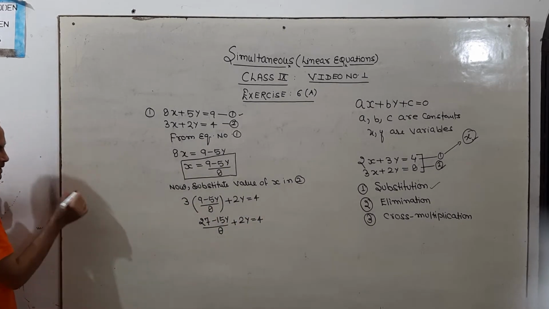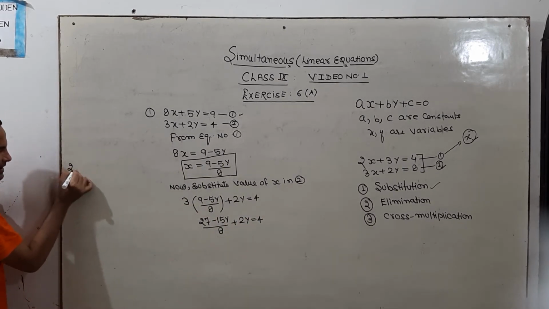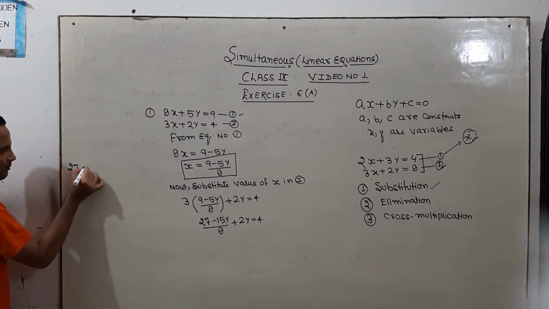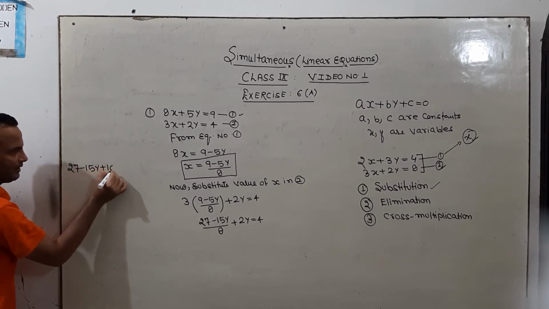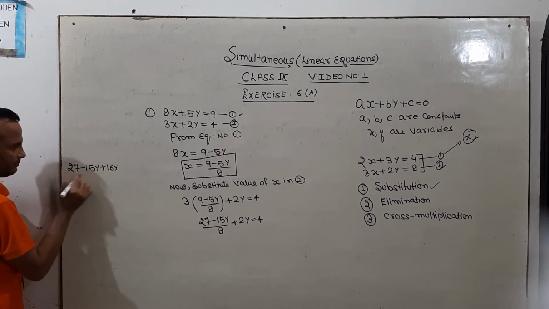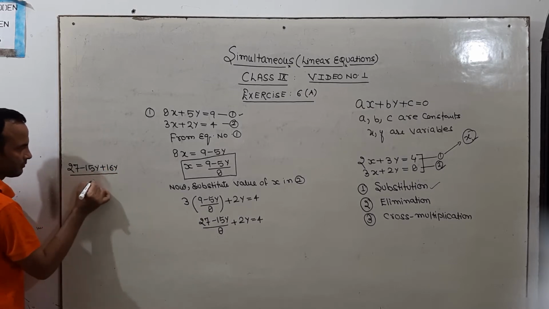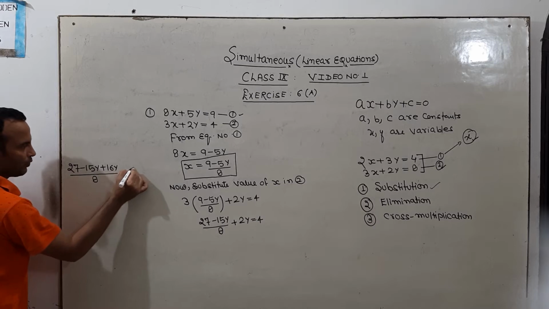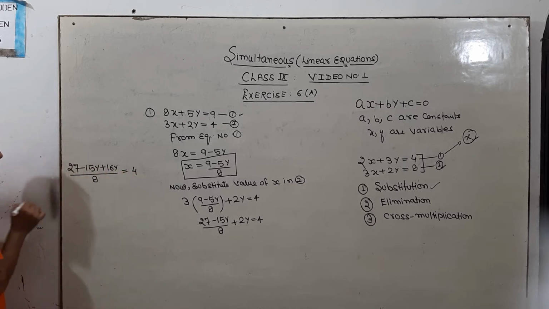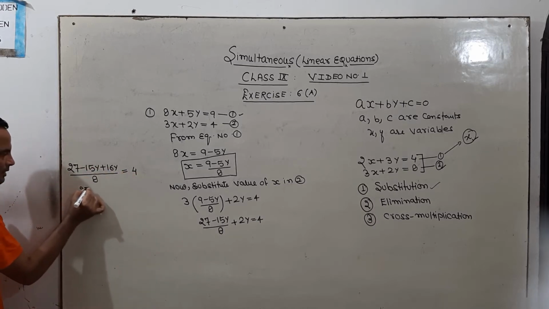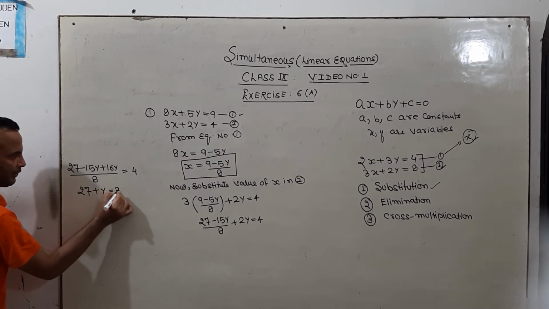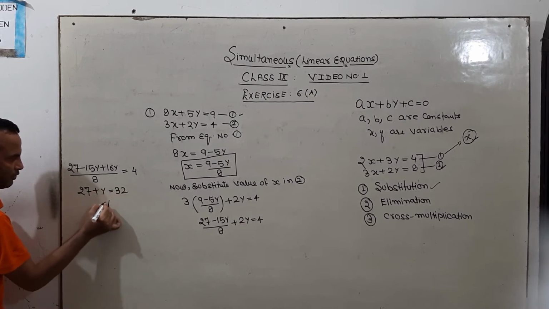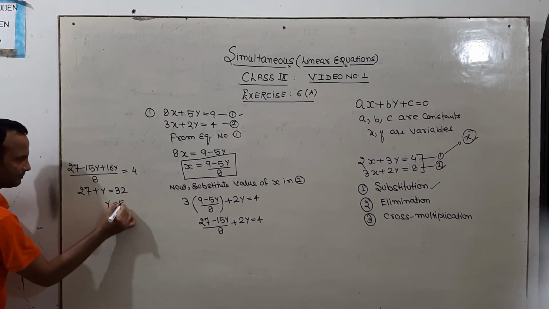Now see, after taking LCM we can write it as (27 minus 15y plus 8 2s are 16y) upon 8 is equal to 4. This will become 27 plus y, 8 4s are 32. Then what is the value of y? y is equal to 5.